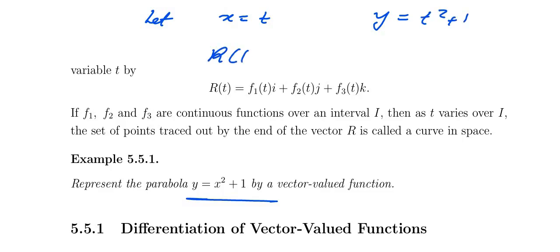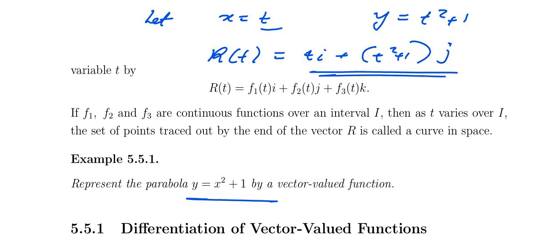Meaning the r(t) that we're interested in is just going to be t i, because that's x, then plus the y component, t squared plus 1, j. This is basically what you get. Someone else will say this is the same as r(t) as a vector valued function would be (t, t squared plus 1), like this. You just let the first letter, x in this case, be equal to t.